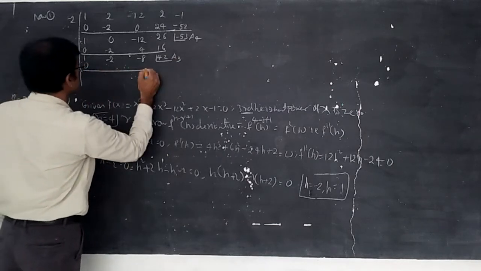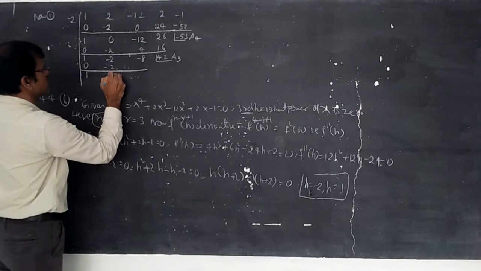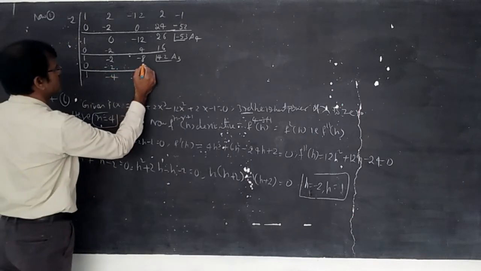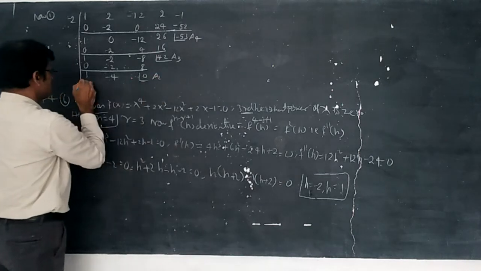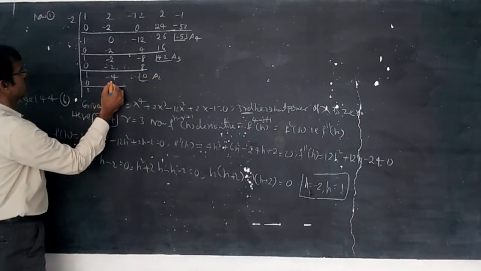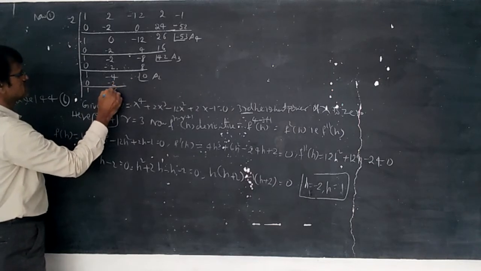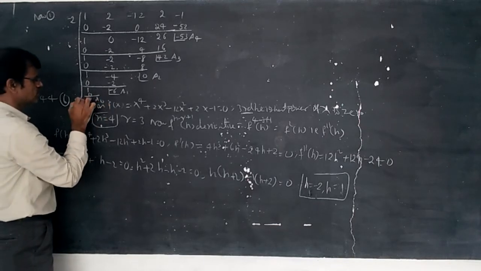Put here 0 once again. This is 1. 1 into minus 2 is minus 2. This is minus 4. Minus 4 into minus 2 becomes 8. This is 0. This is here 2. This is 0 and put here this is 1 and minus 2 is there. This is minus 6. This is A1 and this is 0. Put here 1. This is A0.